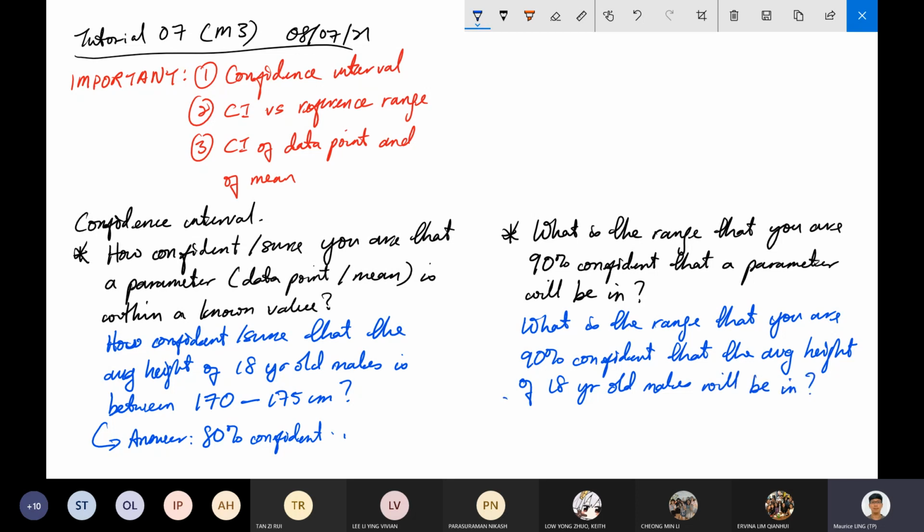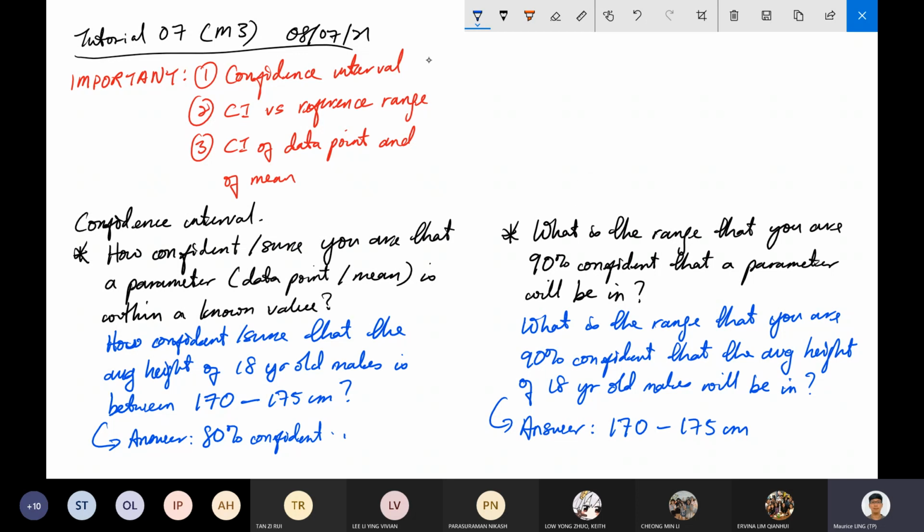So here your answer will be something like between 170 to 175 cm. Okay, it's asking two different sides of the same coin. So that is what confidence interval at the end is really talking about.